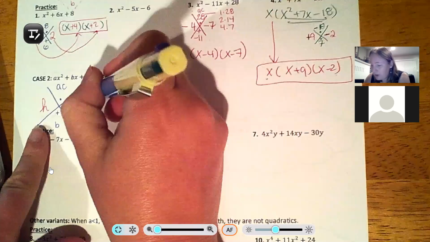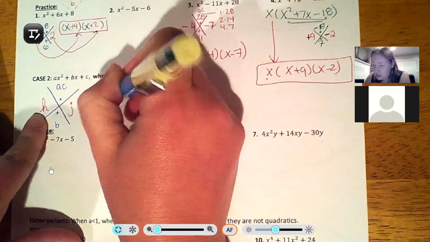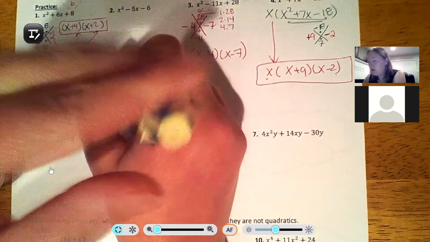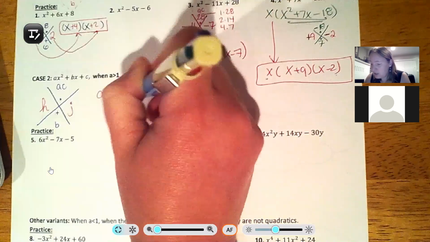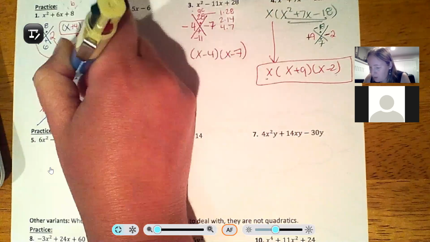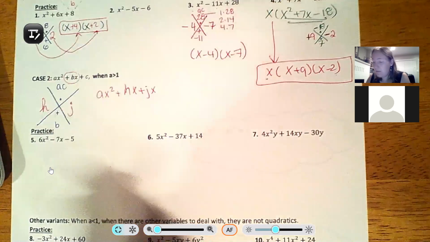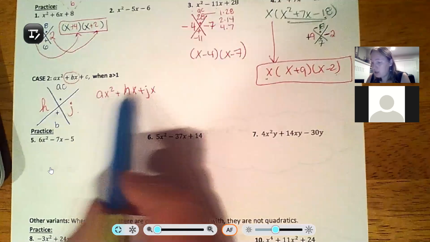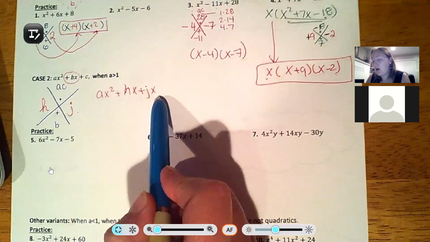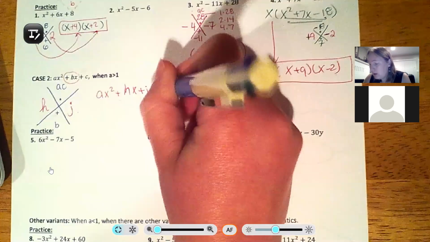And so then you'd have your Ax squared term plus Hx plus Jx. So you're representing this middle term by splitting it up into 2 in such a way that it is now going to be factorable. And you can see you have 4 terms now.